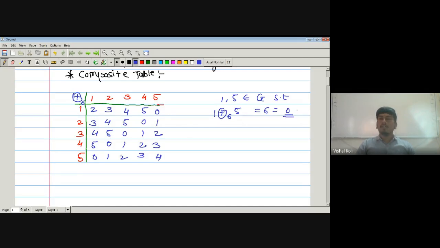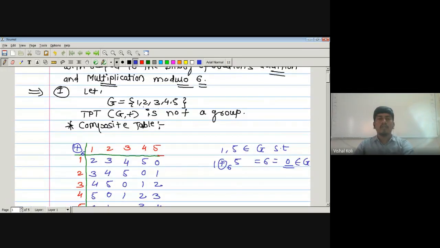But this 0 is not a member of the given set G, since G contains only 5 elements, that is 1, 2, 3, 4, and 5. And here 1 plus 5 is 0, and 0 is not a member of G.